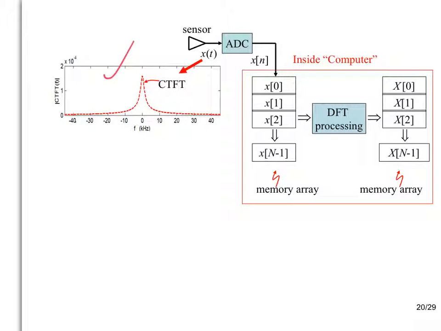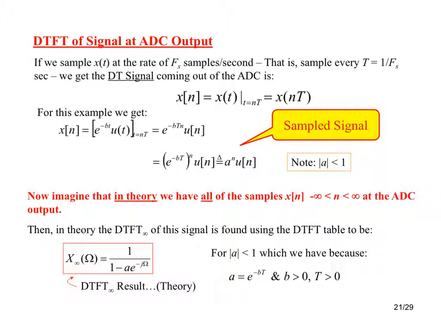So there it is. And so now we're going to look at the samples of this and imagine that we have all infinitely many of those and what we get. So let's look at the DTFT of the signal at the ADC output and imagine that we have it forever.